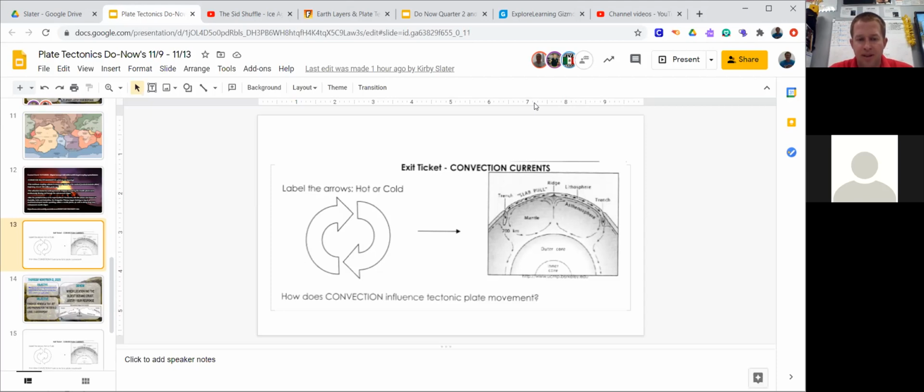If the warm material spreads out, becomes less dense and rises to the top. Good. It would be the warm, hot stuff. Good. Right here is a lava lamp that I have.